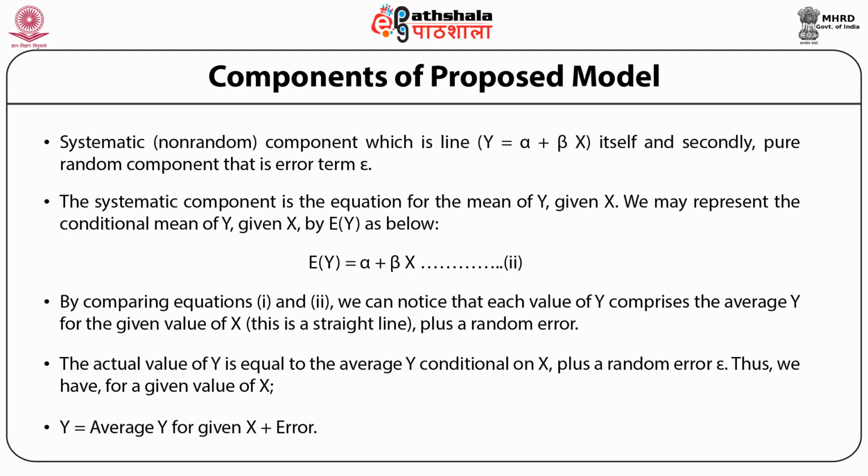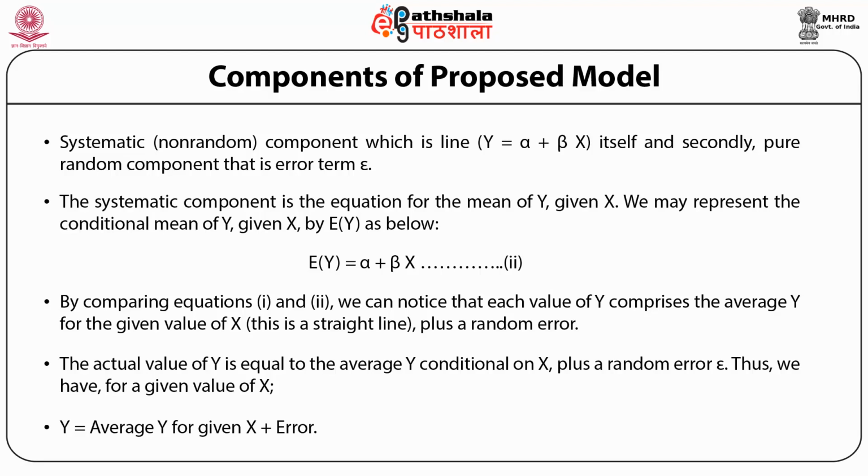The random component is the error in this model, and we do not know the source of this error, so it cannot be predicted by our model, and the efficacy of our model depends upon this error term. If the error is less, prediction will be more effective. If the error term is larger, then the effectiveness of our model will automatically decrease. So we always try to keep this error term at the minimum.